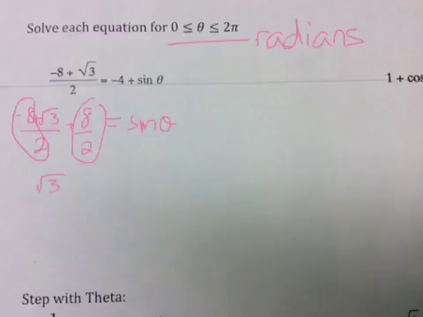So √3/2 equals sine theta. So the question is, which angle has a sine of √3/2? If you put it in your calculator, you're going to get 60, which we know is pi/3.